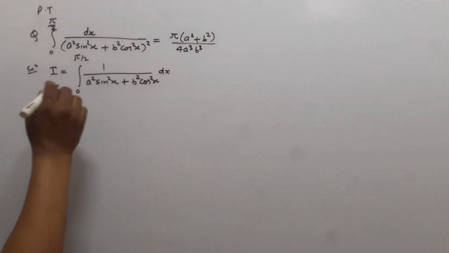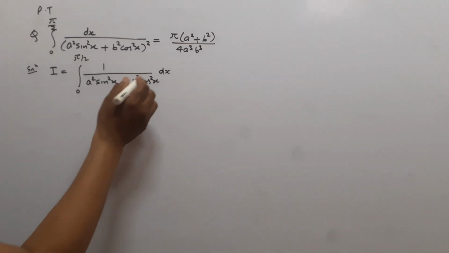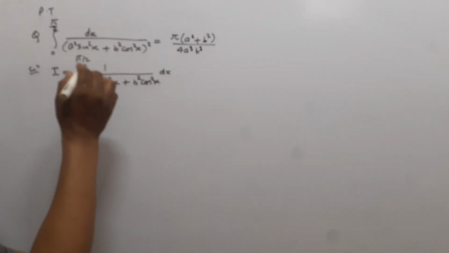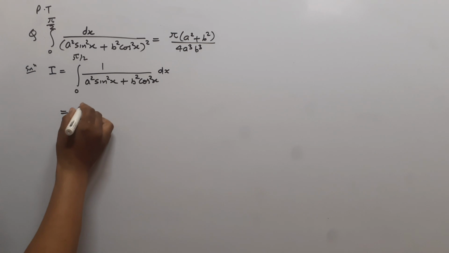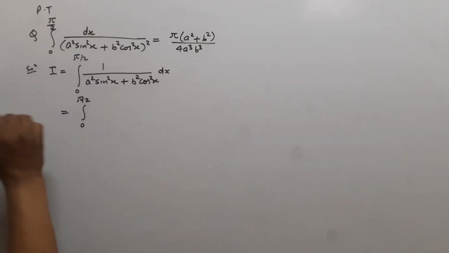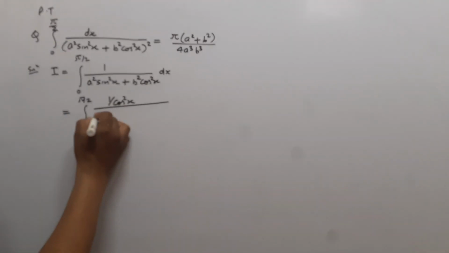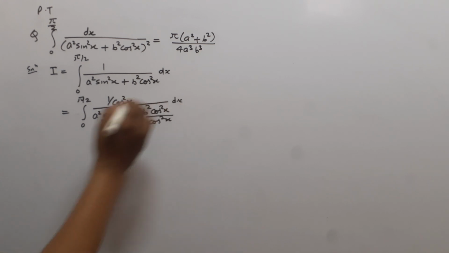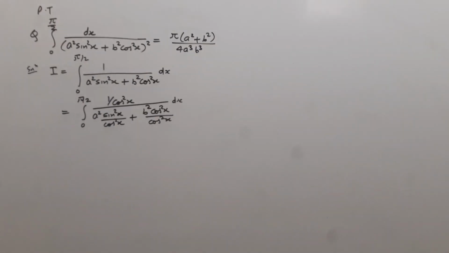Now, first we integrate this. For integrating this, first we divide the numerator and denominator by cos square x. So this can be written as 1 upon cos square x divided by a square sin square x upon cos square x plus b square cos square x upon cos square x.